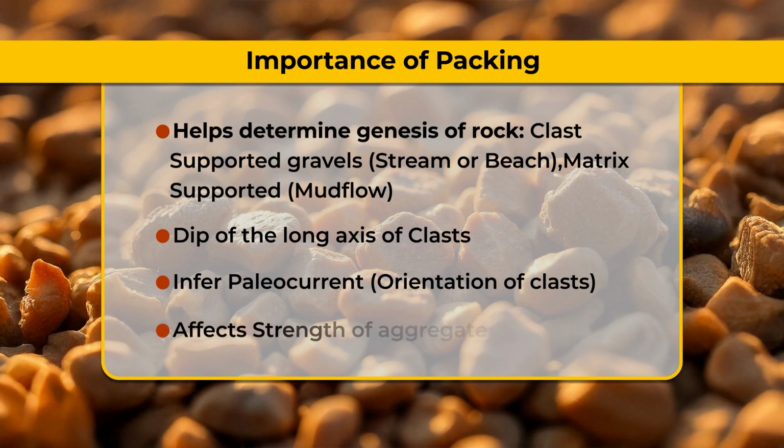It also affects the strength of the aggregate. A particular rock may be of particular use because this is very important in the engineering properties of rock, where sedimentary rock is used for construction purposes.